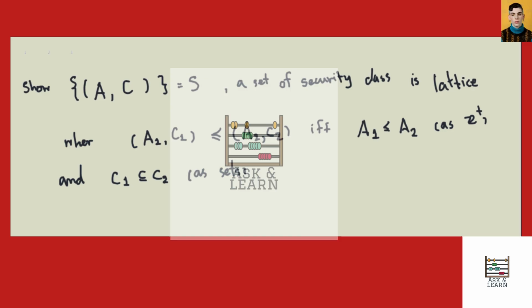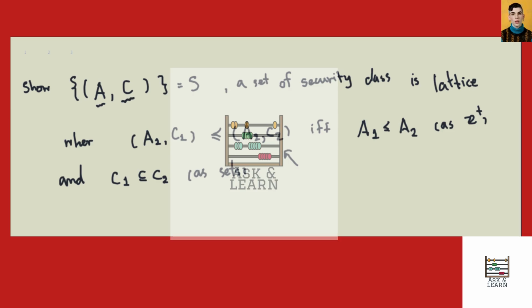In this video, we are asked to show that the set of security classes with the lexicographic relation defined like this is a lattice. The relation here is just a different version of lexicographic, because each entry in a pair is from a different set.